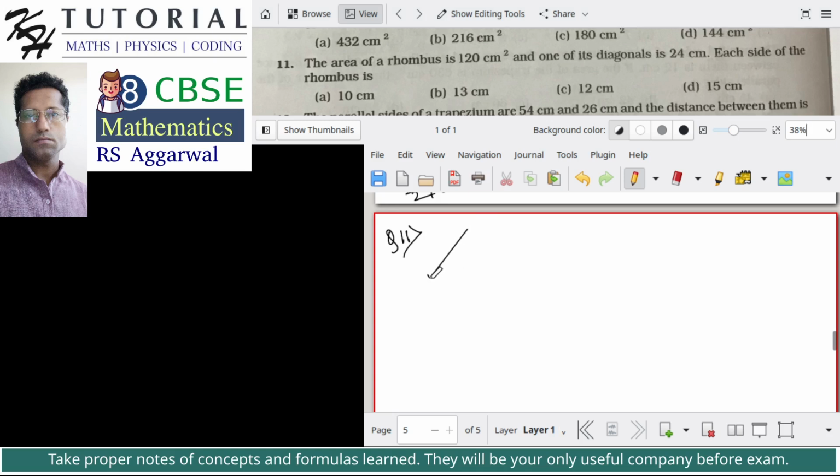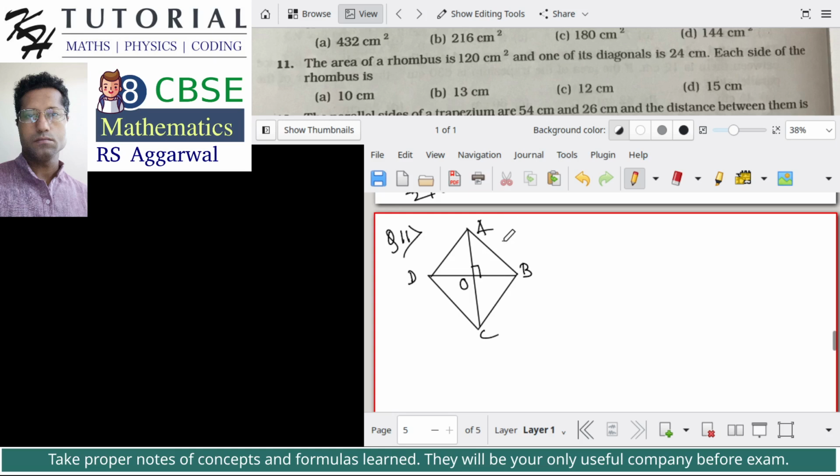So if this is the rhombus, we know that one of its diagonals is 24 centimeter. So let's say this is the rhombus ABCD. Let's say AC is given to be 24. The diagonals bisect each other at right angles. Let's say they bisect each other at the point O. AB each side, we have to find each side.